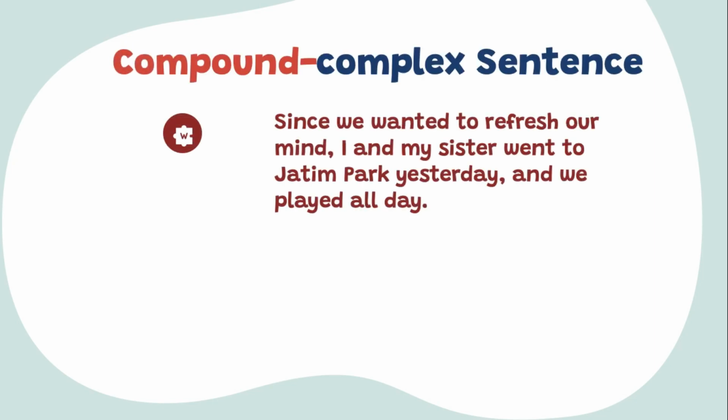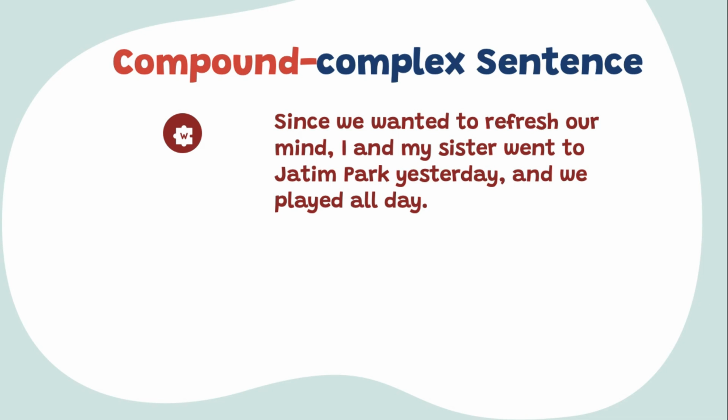What are some examples of compound complex sentences? Let's check it out. The first one, we have this sentence. Since we wanted to refresh our mind, I and my sister went to Jatim Park yesterday and we played all day. So, looking at this sentence, how many parts can you find? Good.